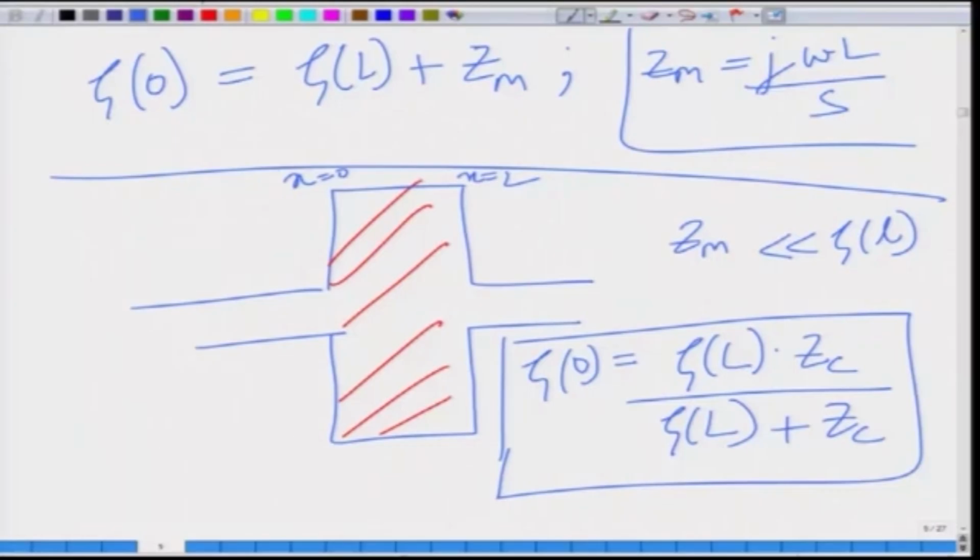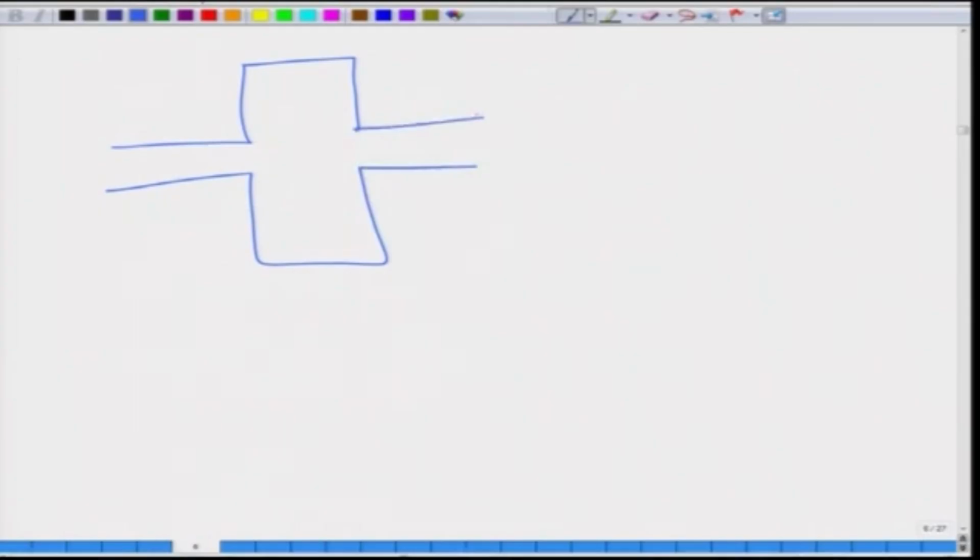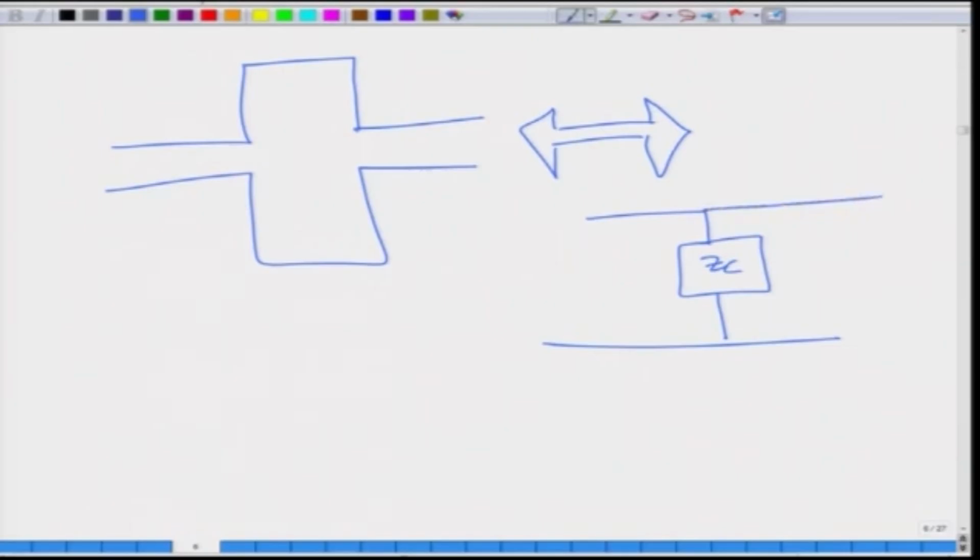So, if I draw the electroacoustic circuit for this figure, we will have a situation like this. This is represented by Zc, and here you have this thing.